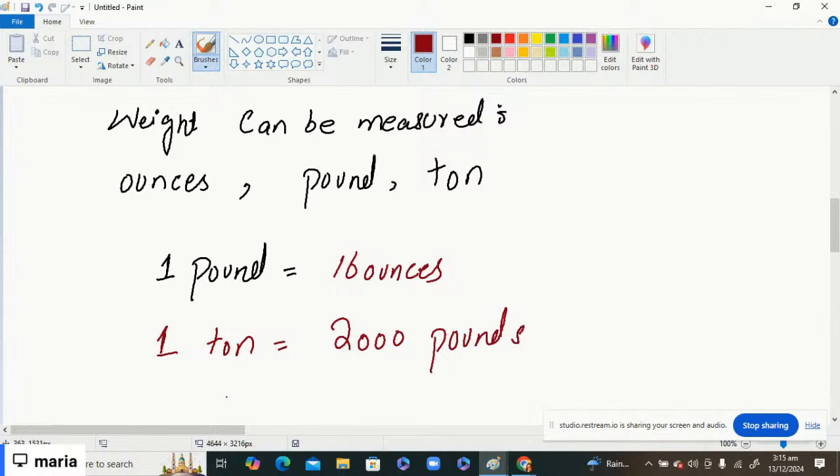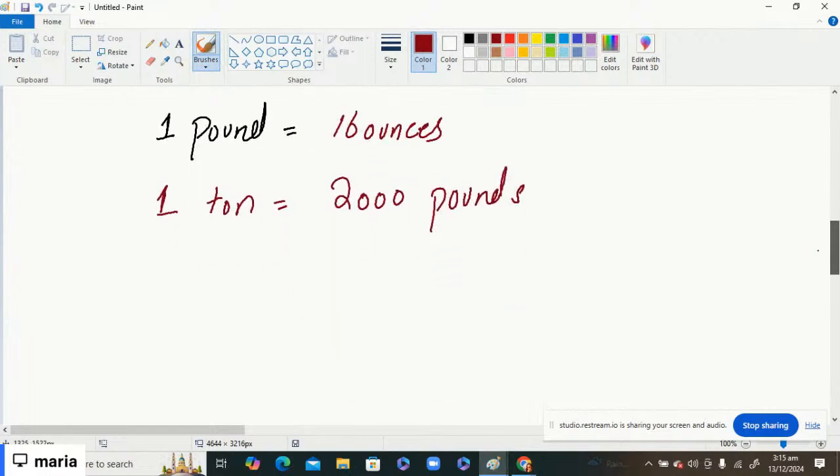Okay. You also need to know that ounces are basically used for the smallest units of weight.